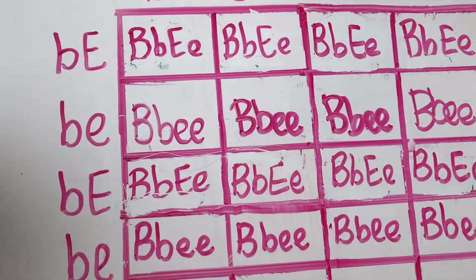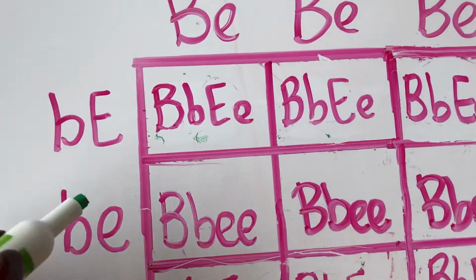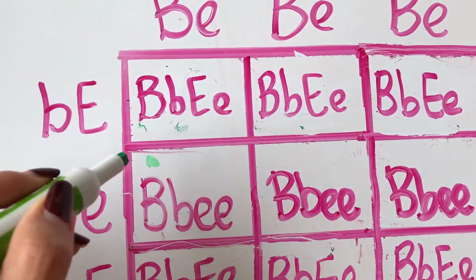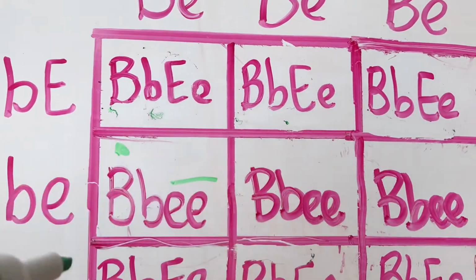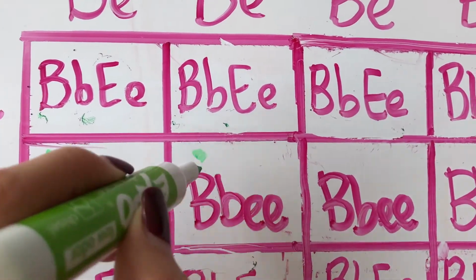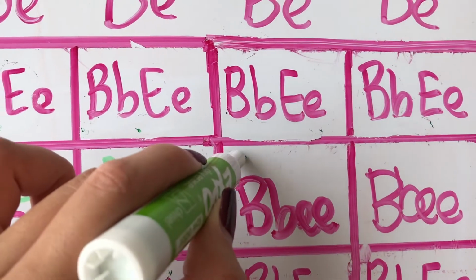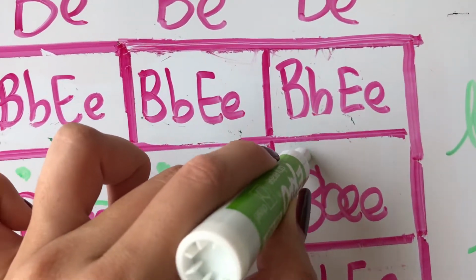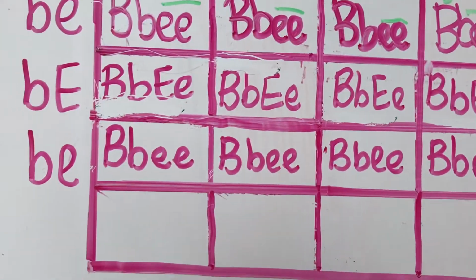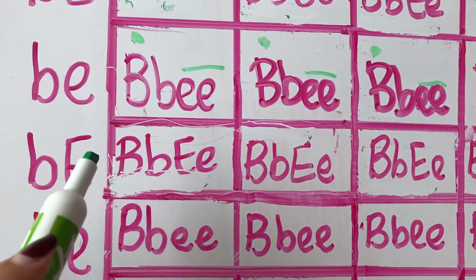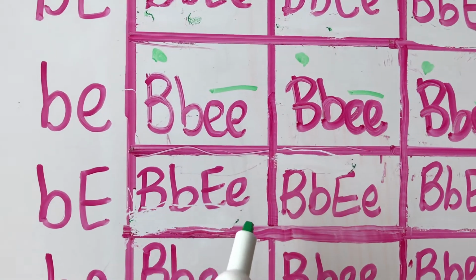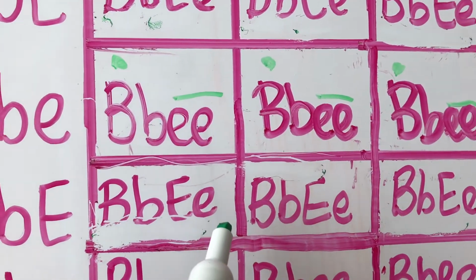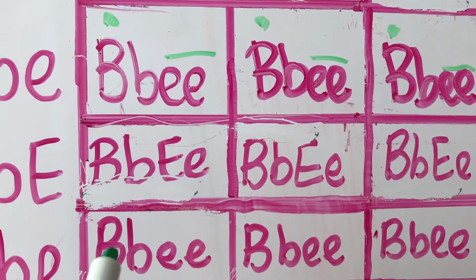So we'll see that this one contains the capital B, which is black nose, and double lowercase e. The same as this one. The same as this one. This one. In here, not, because we have the capital B, but we have a capital E and a lowercase e. So this one does not work.